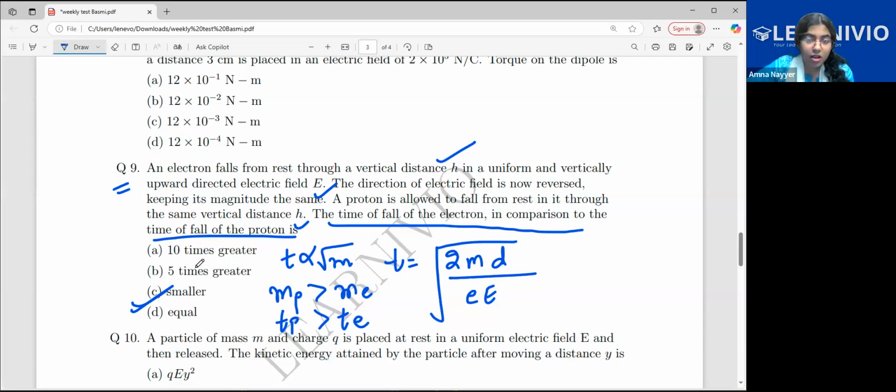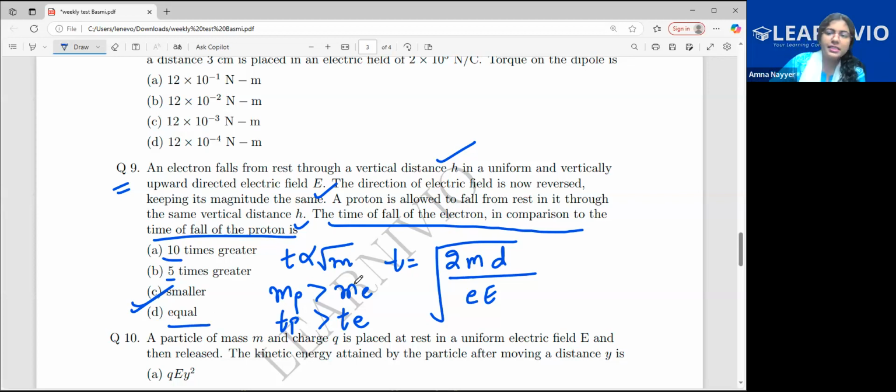Just revise this topic and the 2-3 questions which we practiced in the class. I didn't even calculate anything. When you write this, this will come out. If time of electron is smaller, how are we getting 5? How are we getting 10? Equal is when the masses were equal. Mass of proton is greater, larger is also not given, right? So this is clear. Yes, ma'am.